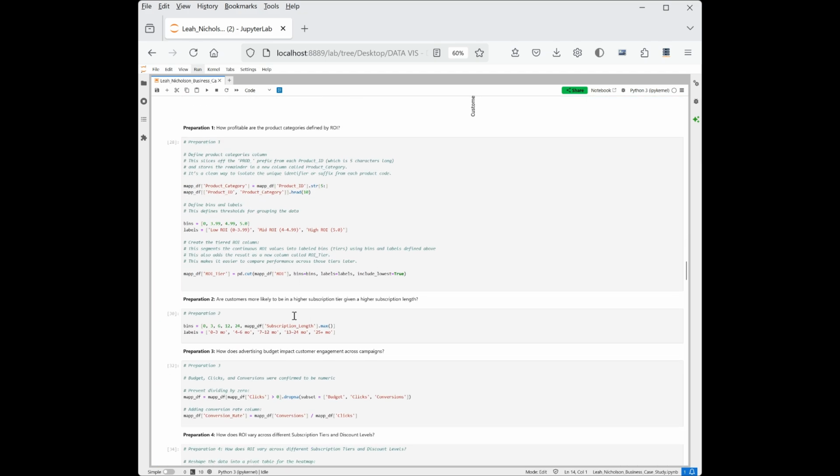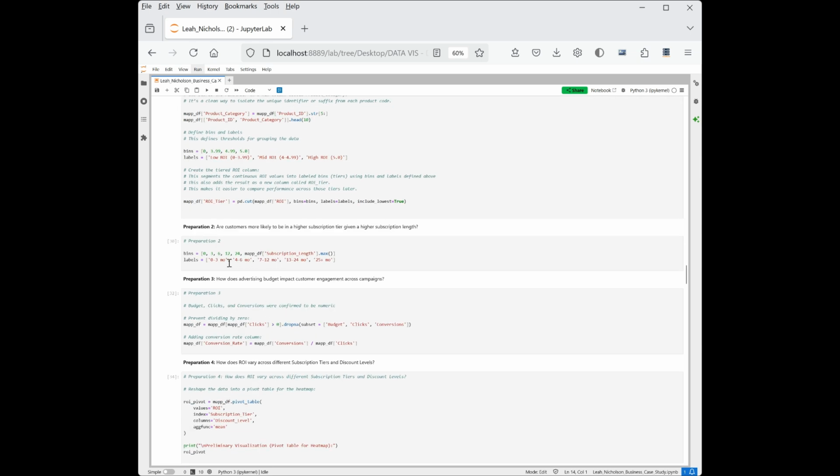So question 2 was, are customers more likely to be in a higher subscription tier given a higher subscription length? So to prepare this, I defined the bins, and then the labels, 0 to 3 months, 4 to 6 months, 7 to 12, 13 to 24, and then 25 and over.